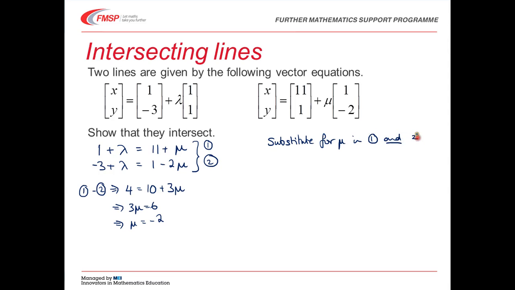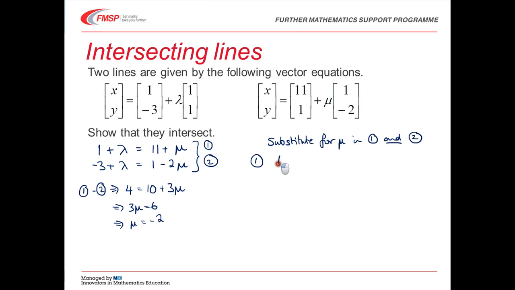Now, I'm sure your teachers have always told you that you should check in both equations to make sure you haven't made any mistakes. But here we don't actually know whether or not the equations are simultaneous. That's what we're being asked to show. So we need to not just do it in our heads, but actually demonstrate that the equations are simultaneous and we get the same value of lambda from both of them.